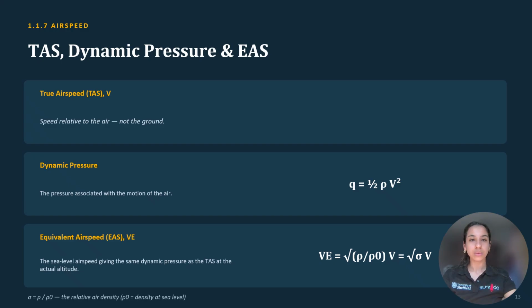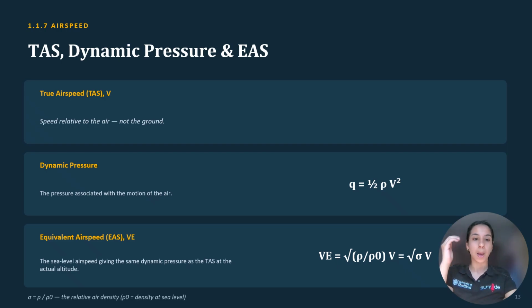Now we're nearly done. I know the video is a bit long now. So we've got the TAS, the dynamic pressure and the EAS. TAS is the true airspeed. You'll be like, why is there true airspeed and equivalent airspeed? Because of relativity. Speed relative to the air, not the ground, is the true airspeed.